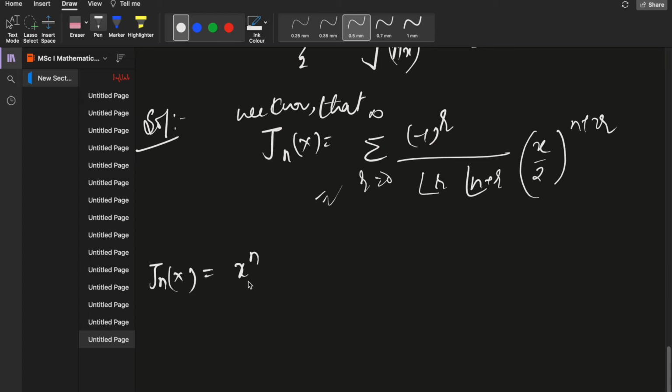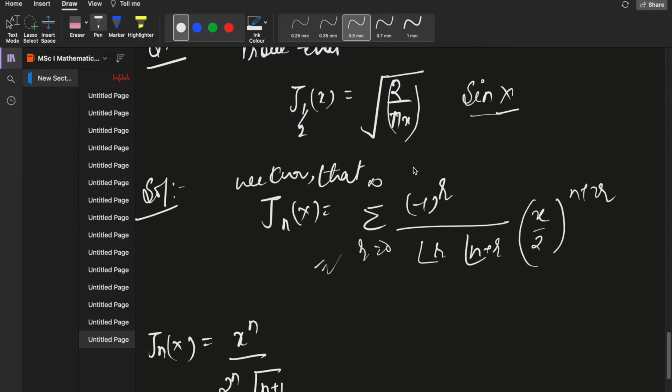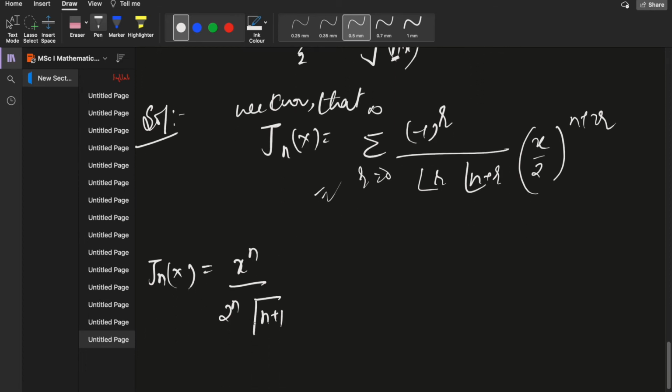This is nothing but x to the power n upon 2 to the power n gamma function n plus 1. Why are we taking the gamma function? Just because we need to calculate root of 2 upon pi x, and pi is only available if there is a gamma function.